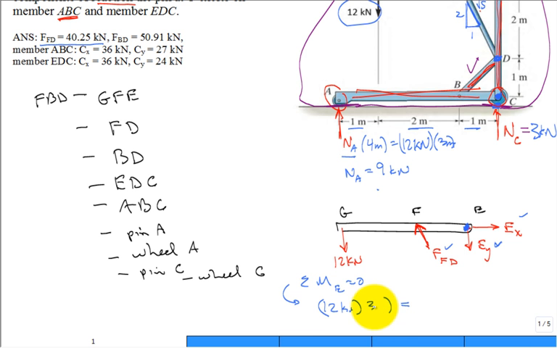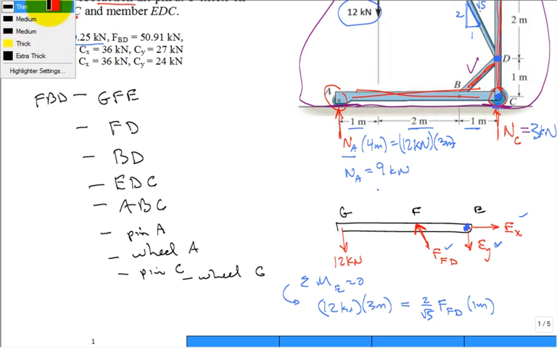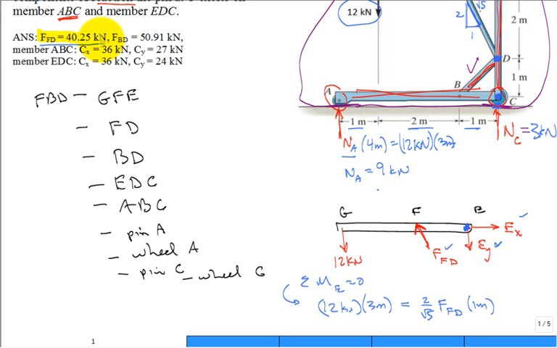I scrolled down and couldn't read it very well. It's 3 meters. And then making it want to rotate in the opposite direction, we pick off the component, which is 2 divided by the square root of 5 times the force FD, and that moment arm distance is 1 meter. One equation, one unknown. Can people verify that this is the answer?